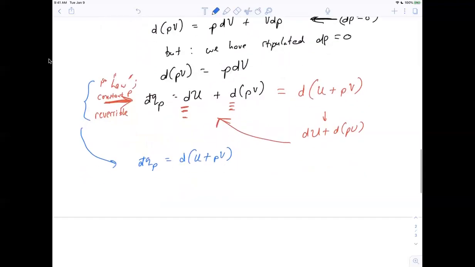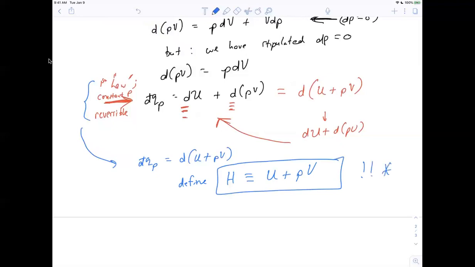But now, maybe you see something that you've seen before. We can define something. We define now H, which is defined as the enthalpy, U plus PV. So H is the enthalpy, and that's a new thermodynamic state function.